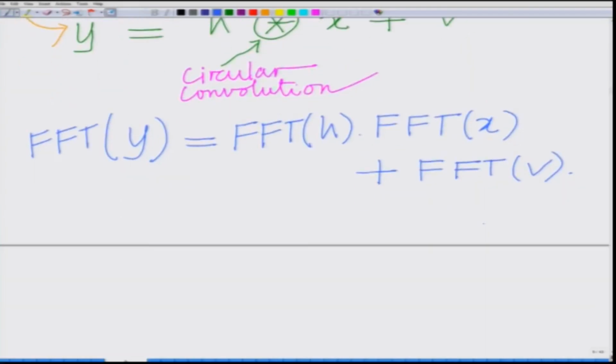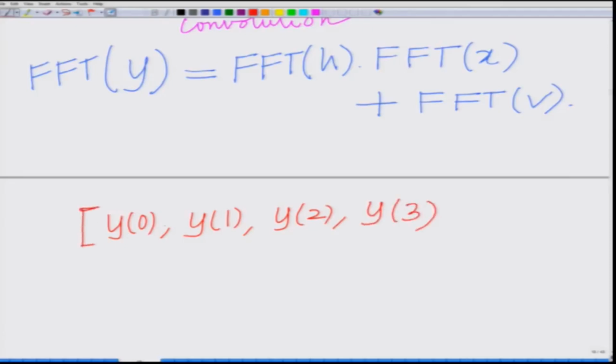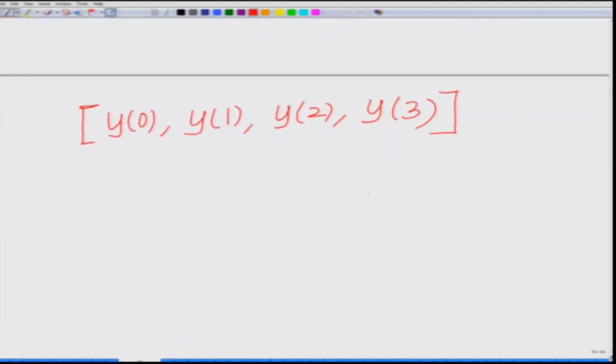And now let us see how you take the FFT. Of course, for the FFT of y, you have samples y0, y1, y2, y3. So, you take the FFT of these samples. Obviously, we are talking about the n equal to 4 point FFT, where n is the number of subcarriers.